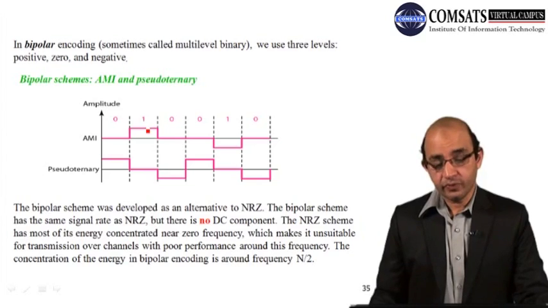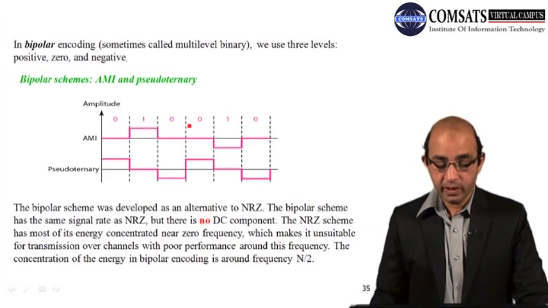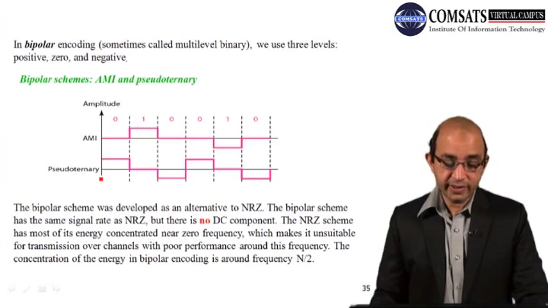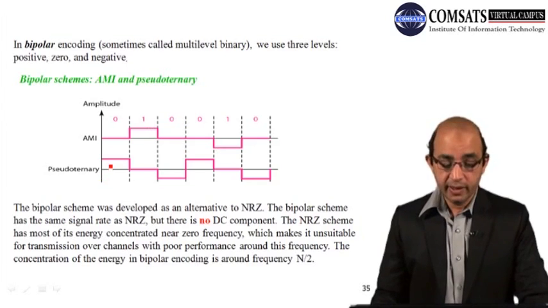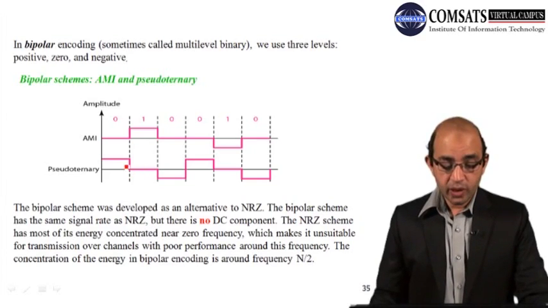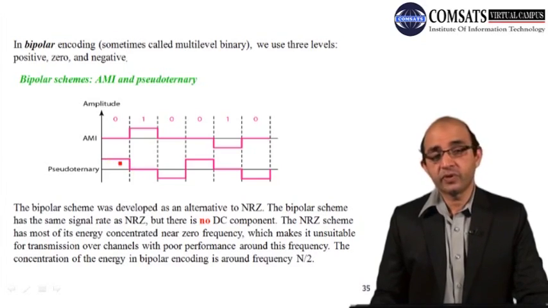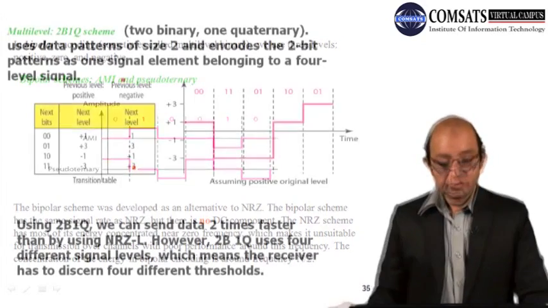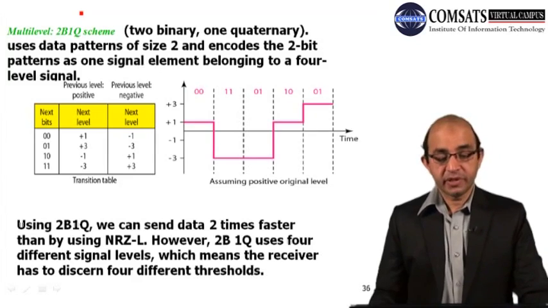For example, if we have a 1 here and this is a successive one, if we ignore those zeros, this voltage is plus and this is negative. So we are doing the same but on zeros over here, using the opposite representation: 1 is the absence of voltage and 0 is the presence of voltage, but with inversion. So here we have multi-level representation.